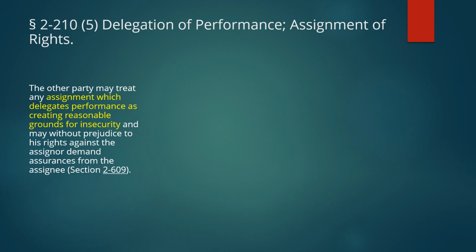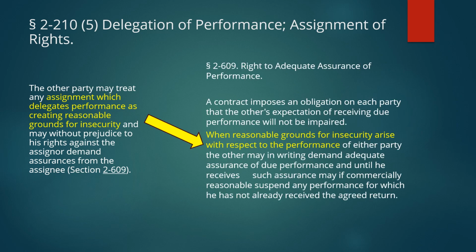And what's that mean? Basically, you can ask for assurances in writing and demand assurance of due performance. And if you don't receive that assurance in a reasonable time, you can suspend what you owe me.